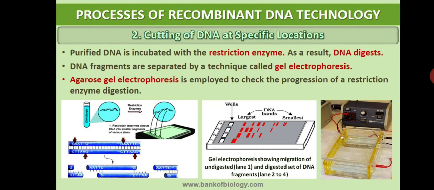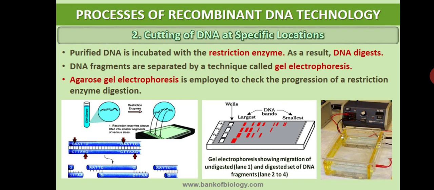First, you can see the first point: purified DNA is incubated with the restriction enzyme. What I told you, first you have to isolate the entire genome of the cell, and then treat that DNA with the restriction enzyme. As a result, the DNA digests. DNA digests means the DNA molecule is cut into small pieces or fragments.